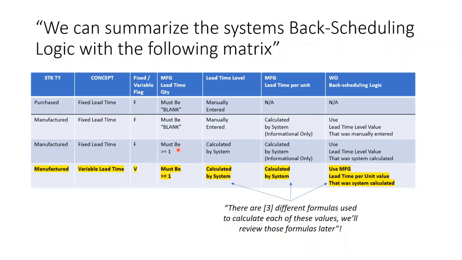It is recommended that that quantity be a typical or standard lot size that's most often used or run. When running the lead time roll-up program, the system will calculate the lead time level value for us, and it will also calculate the lead time per unit value.